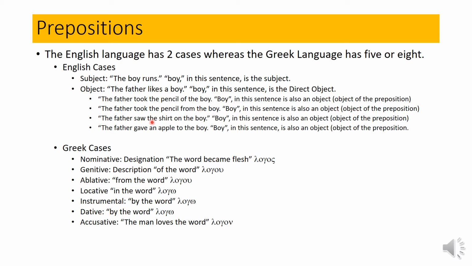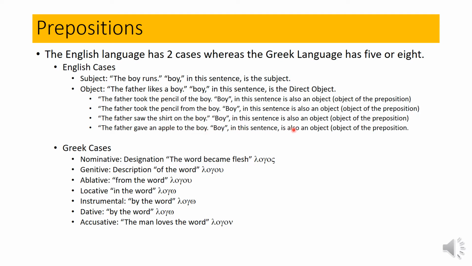The father saw the shirt on the boy. Boy in this sense is also an object, and English will only recognize that as an object, whereas in Greek they'll recognize it as a case locative, but all these in English will fit into the objective case, on the boy. Again, the sentence in English, the father gave an apple to the boy.